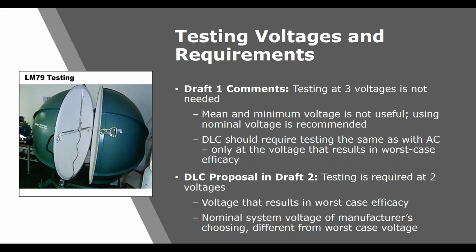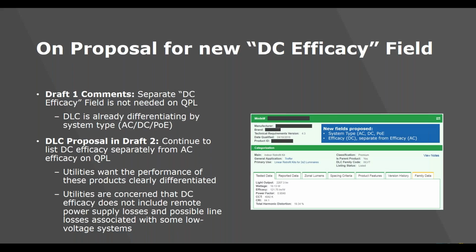One being the same approach we currently use with AC products, the voltage that results in the worst case efficacy. And secondly, a nominal system voltage of the manufacturer's choosing, which would be different from the worst case voltage. This is a fundamental part of DLC's approach to qualifying these products and how they must be tested, so we're really looking for your feedback on this second draft proposal.